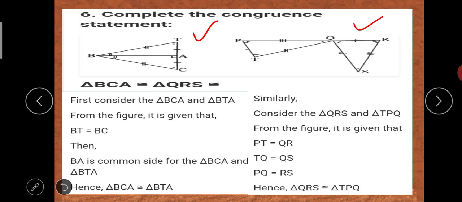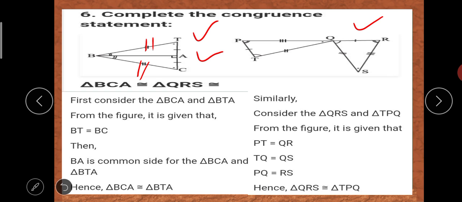First consider this triangle BCA and BTA. Here two triangles are given, BCA and BTA. Now from this figure it is given that BT is equal to BC, means they are the same.